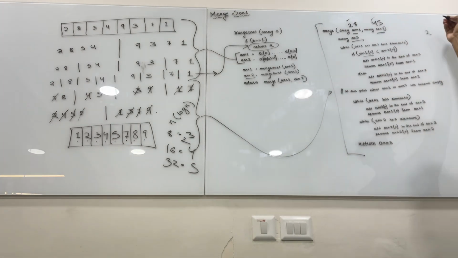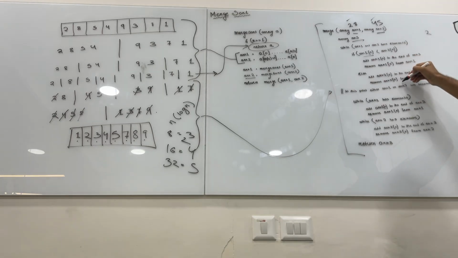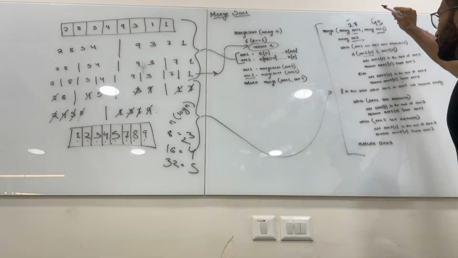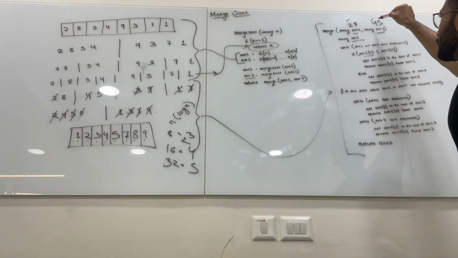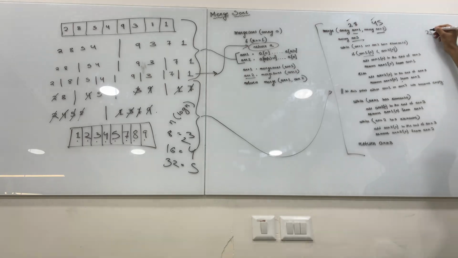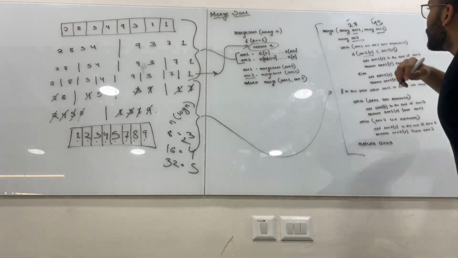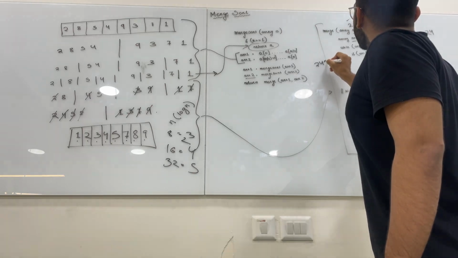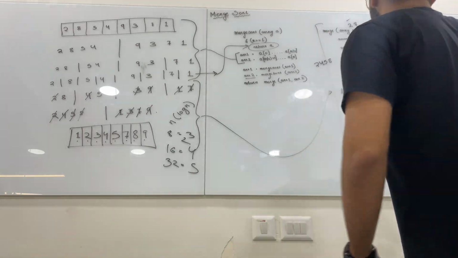Similarly, we will compare again, and it will come to the else condition, where the starting element of array 2 will be smaller than the starting element of array 1, and the 4 will come over here. And similarly, we will get 2, 4 and 5 and 8 and so on.